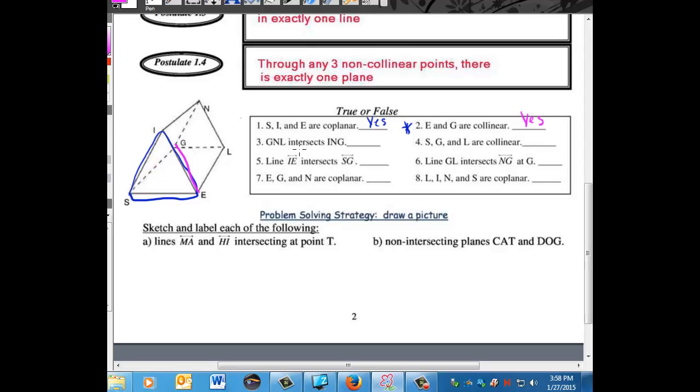Alright, next, G and L intersect I and G. So G and L, let's change colors again. Let's go to yellow. And we go up here, G and L, let's highlight. This is plane G and L. Alright, there's that plane.